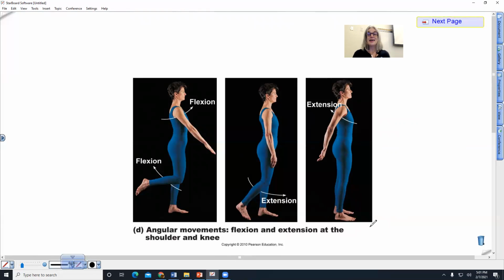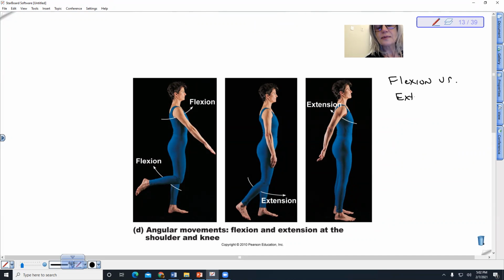We can talk about angular. So when we talk about angular, we can talk about flexion versus extension. And flexion is where you're decreasing the angle of the movement. So I'm decreasing it here at the elbow of my forearm.